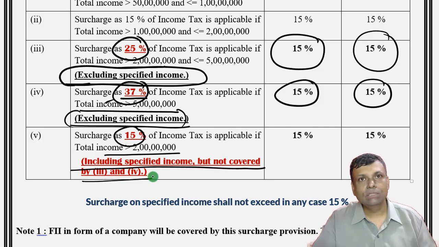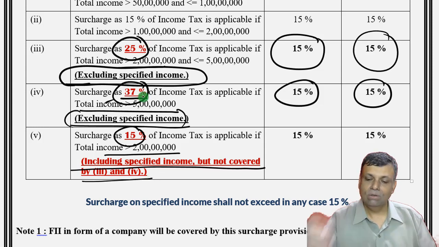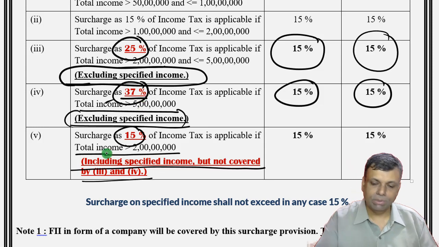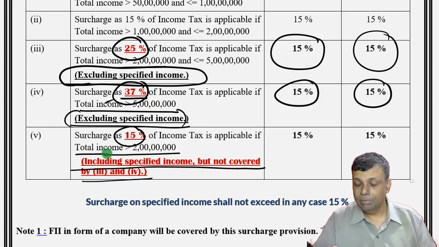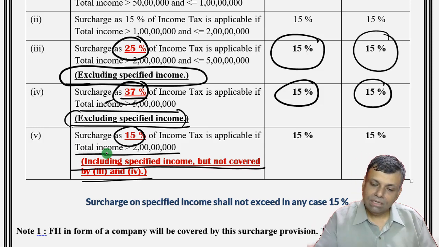So including the specified income, you are not covered by this 25% and 37% category. Including the specified income, if your total income crosses this particular limit of 2 crore rupees, but you are not covered by 3 and 4.